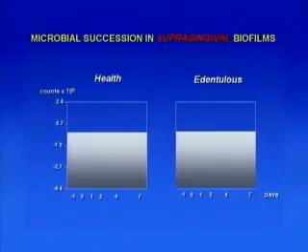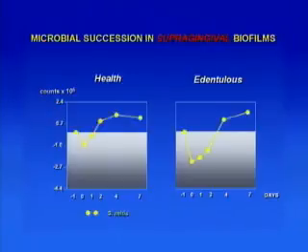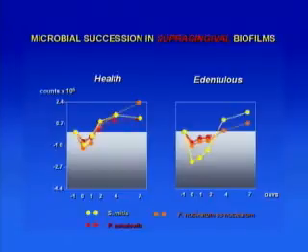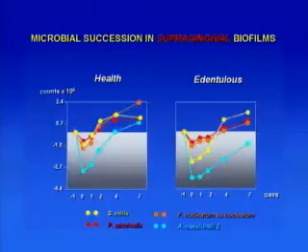And if we look specifically at examples of bacterial species, we're looking in the healthy individuals and the edentulous, we can again see that Strep mitis comes back much more quickly in the dentate, healthy individuals than the edentulous. Same is true for Fusobacterium, same is true for P. gingivalis, same is true for Actinomyces naeslundii genospecies too.